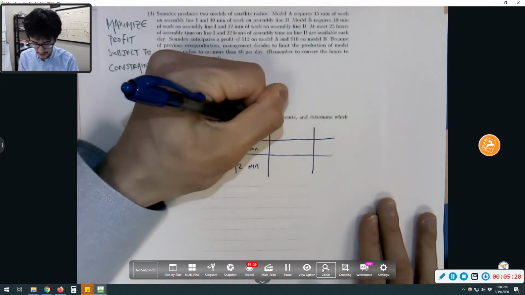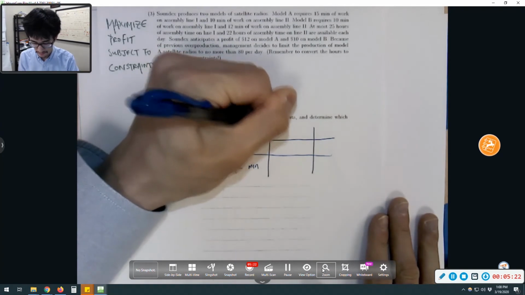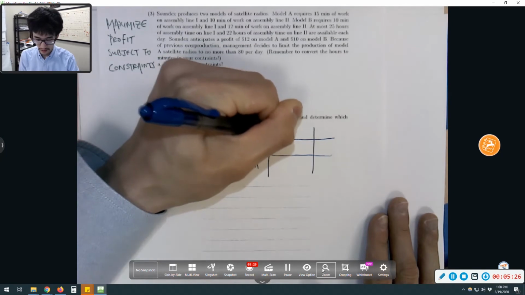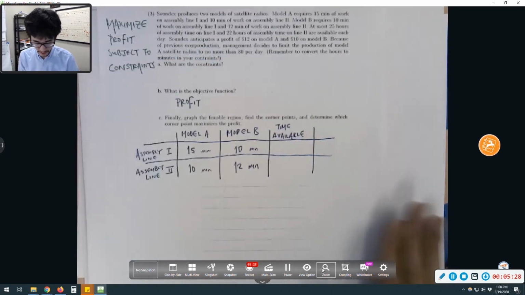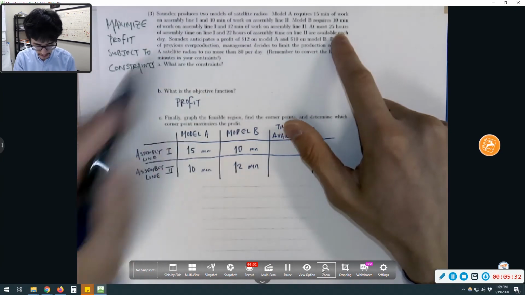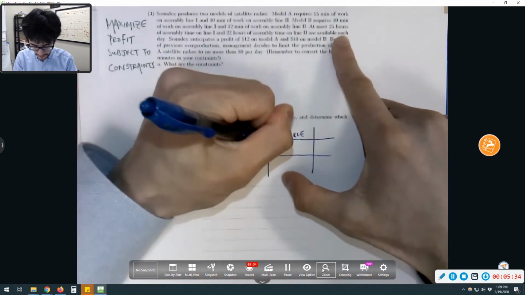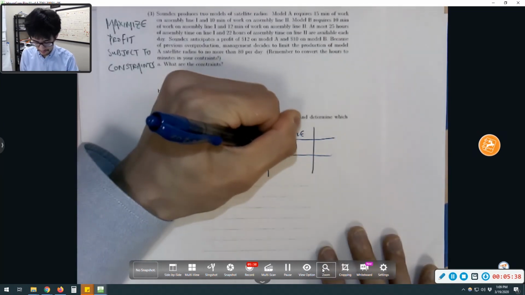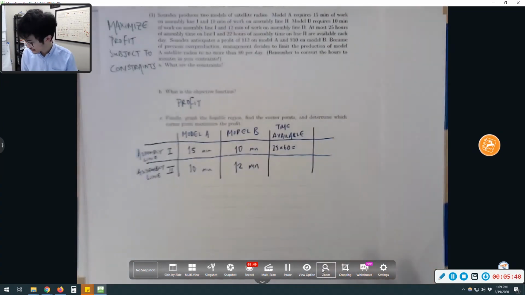Anyway, the other thing that we wrote down yesterday was the time available. It says we have 25 hours available on assembly line 1. But if you remember, we multiplied by 60 to get everything into minutes.